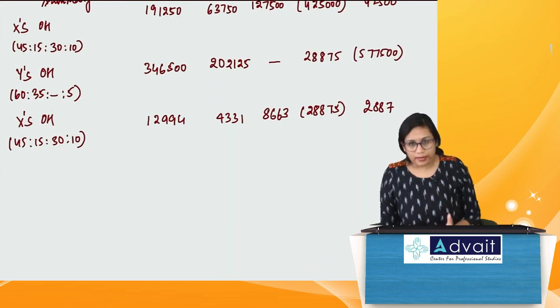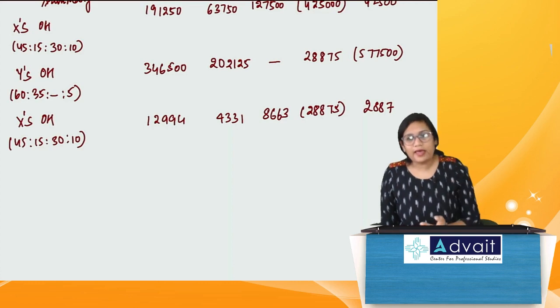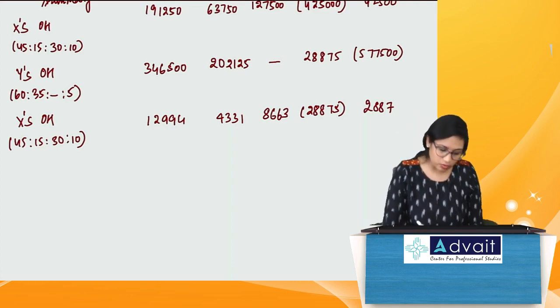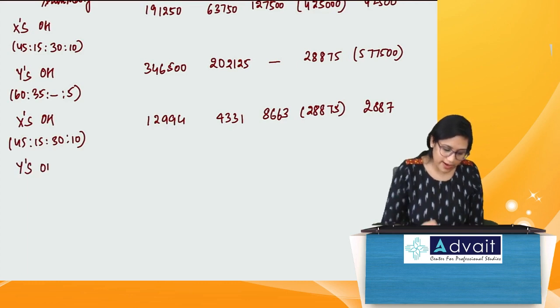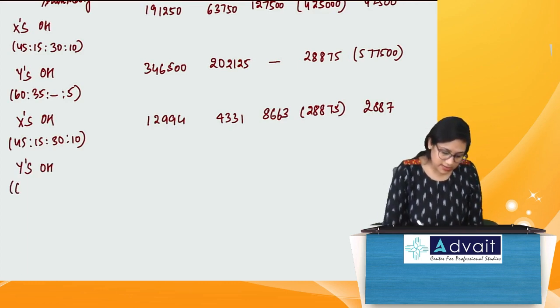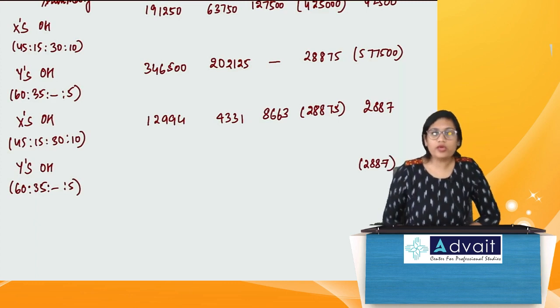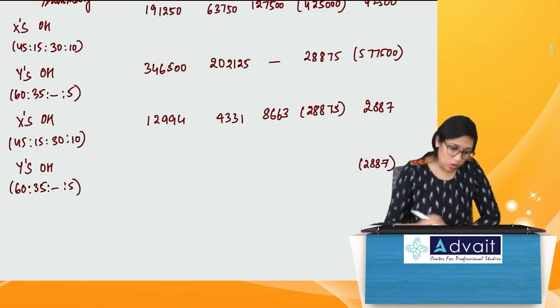Now X has become 0, but Y again has a balance of 2887. So again we will distribute. Y's overhead: 60 is to 35 is to nil is to 5. Let's distribute this again. We have to keep doing it till it becomes 0.